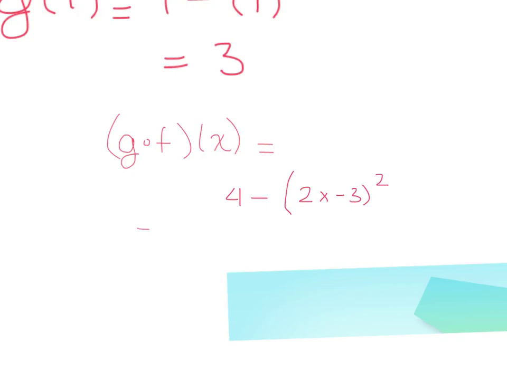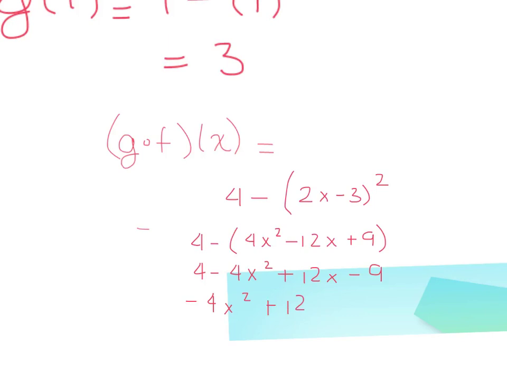So that's going to give me 4 minus, keep this in grouping symbols because you're subtracting it, and we're going to get 4x squared minus 12x plus 9. Distribute the negative, we get 4 minus 4x squared plus 12x minus 9. Combine like terms, we're going to get negative 4x squared plus 12x minus 5.